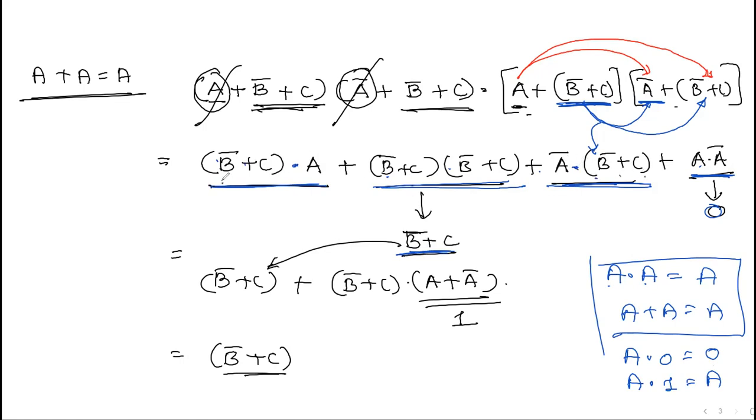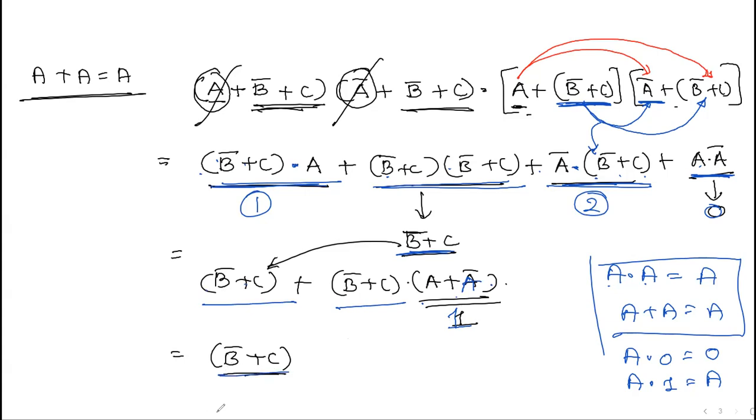And here also it is A bar into B bar plus C. So out of this term, that is 1 number, and out of this term 2 number, I will take B bar plus C common. So it will become A into A plus A bar. Now A plus A bar is always 1. So now once again you are left with B bar plus C plus B bar plus C. Right?